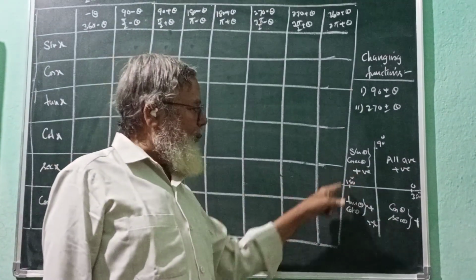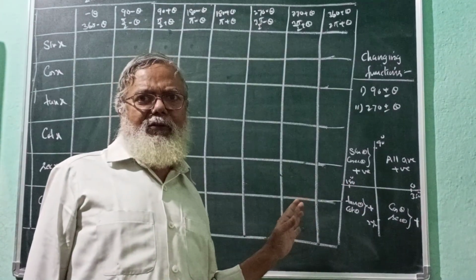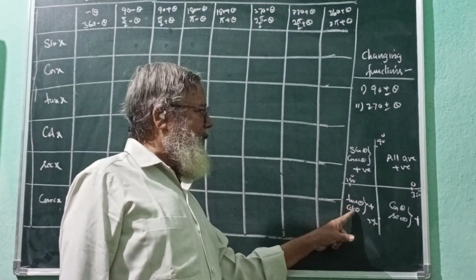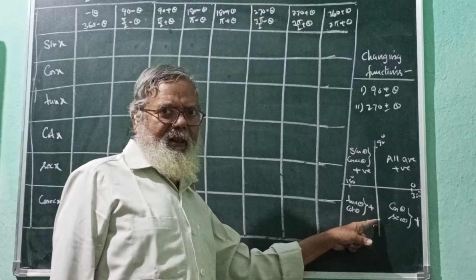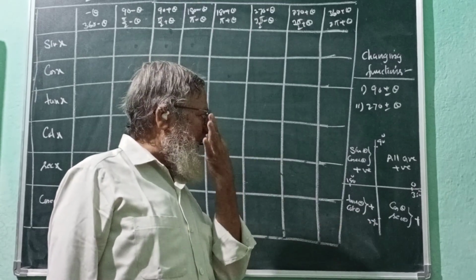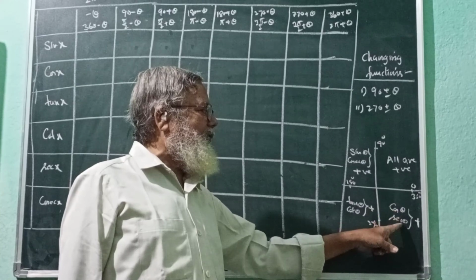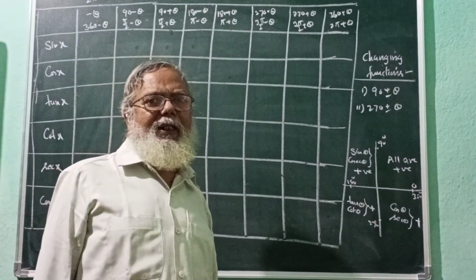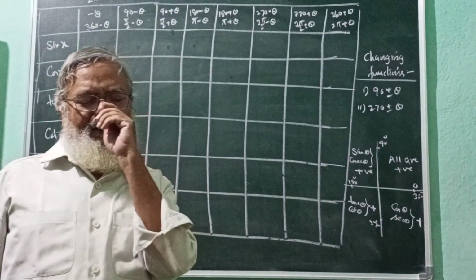So we have written only positive values, remaining will be treated as negative values. Tan theta and cot theta are positive if the angle is between 180 and 270. Similarly, if the angle is between 270 and 360, cos theta and sec theta are positive in the fourth quadrant. Keeping these 2 points in mind, we can remember the table.